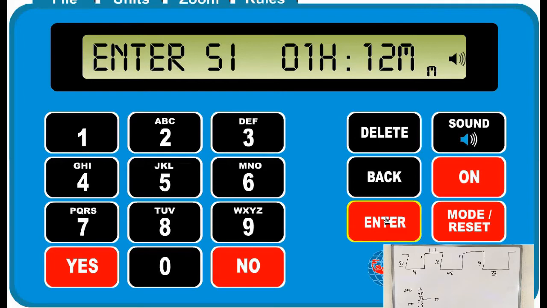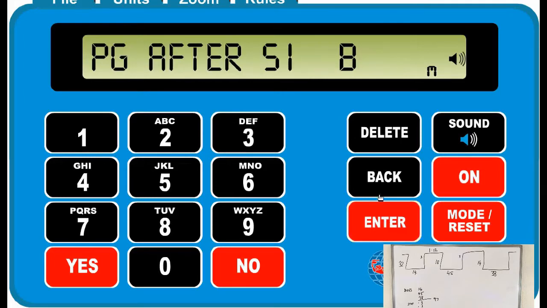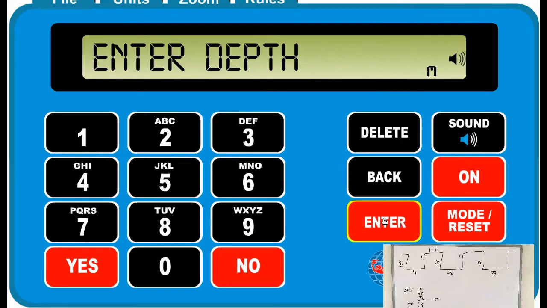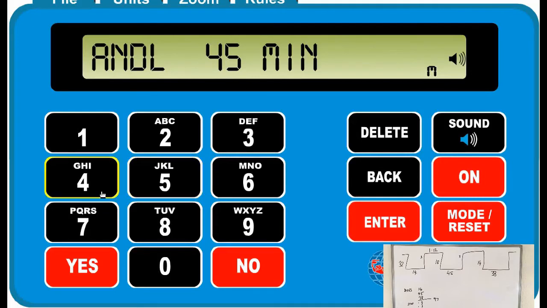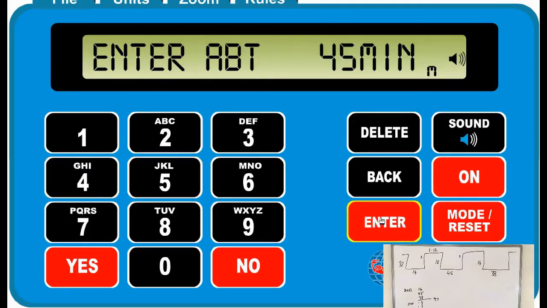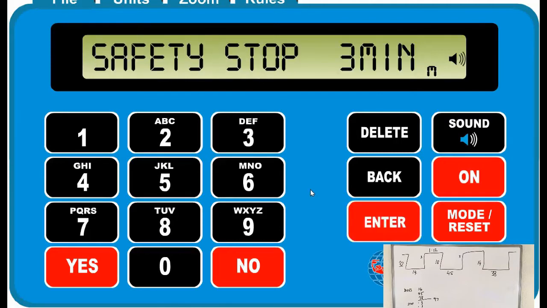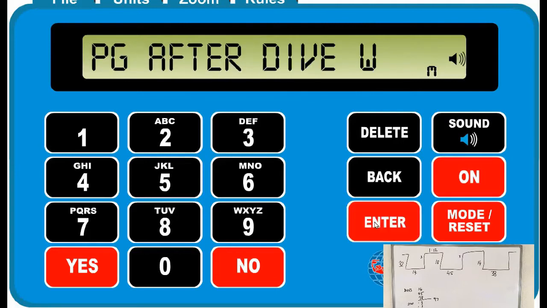Pressure group B. Enter. Now the next dive was 18 metres. We could stay there for 45 minutes, and actually that is the time we're staying there. 45 minutes. Another 3-minute safety stop. And we're in pressure group W.